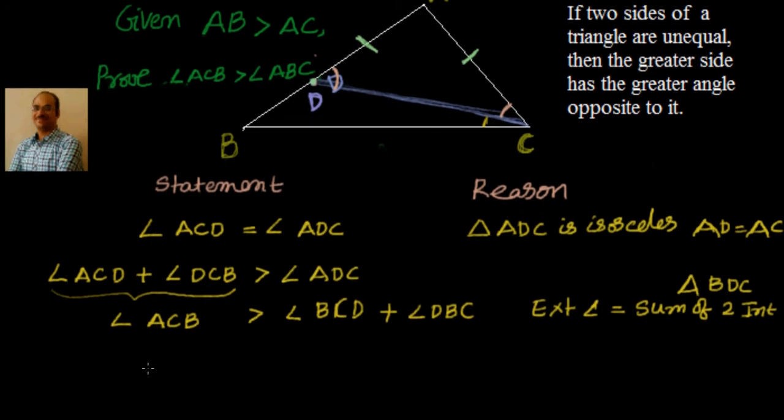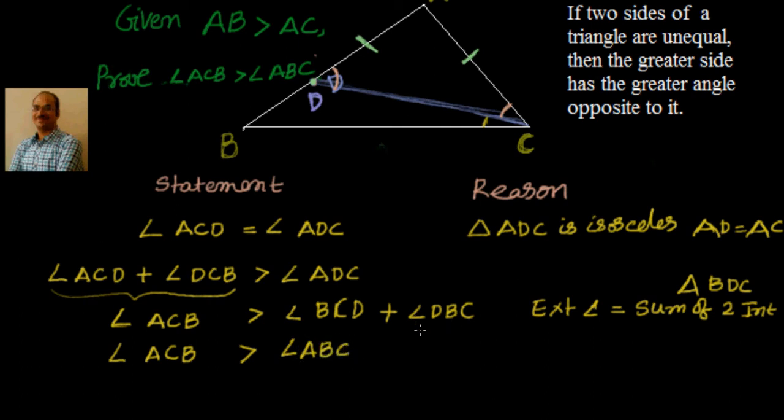The next step: we are saying that angle ACB on the left hand side I got, but on the right side I want ABC, but I have BCD plus DBC. I observe that DBC is nothing but equal to ABC. So I can say that angle ACB is greater than angle BCD plus angle DBC, nothing but angle ABC.